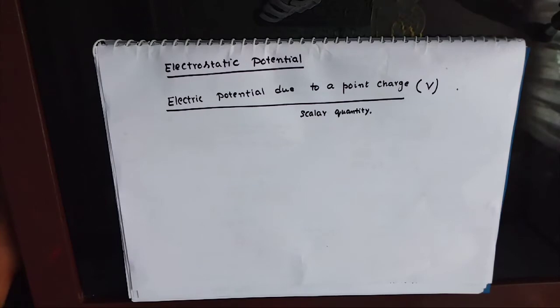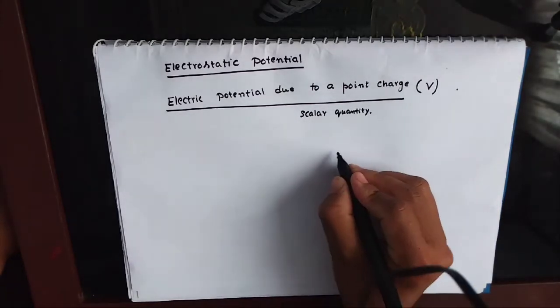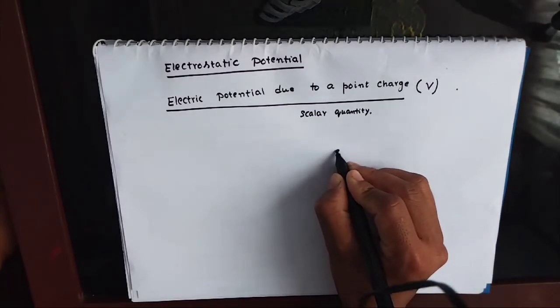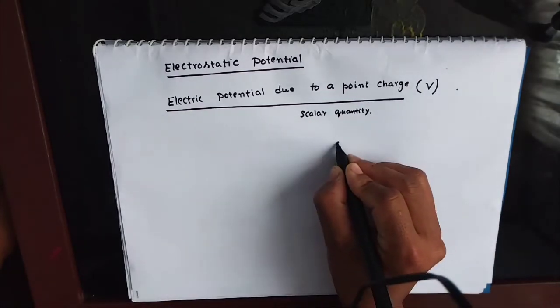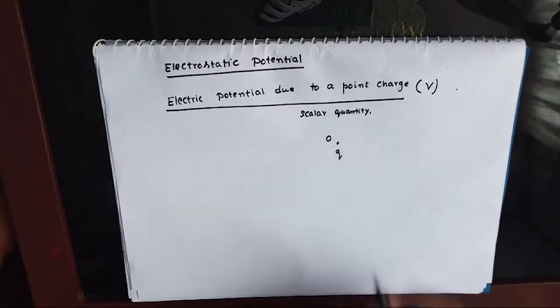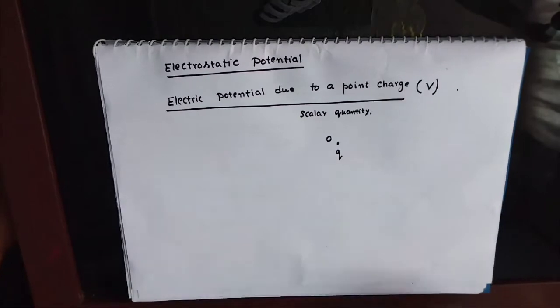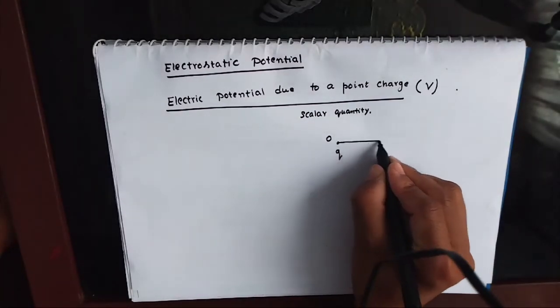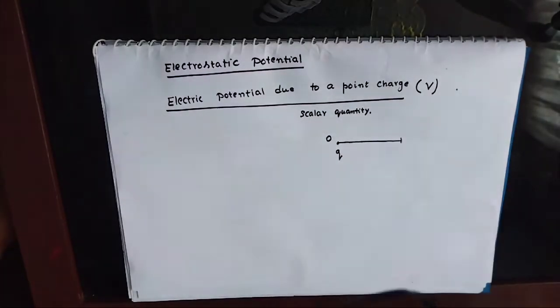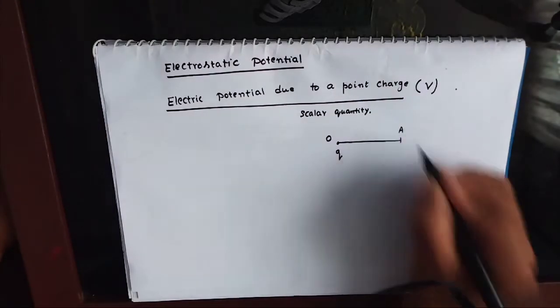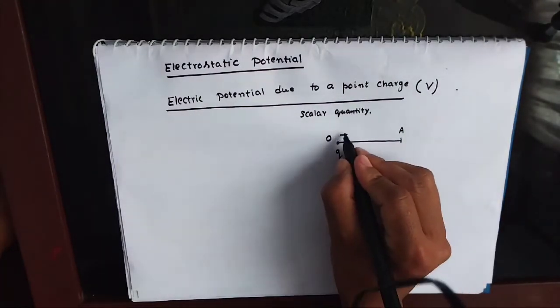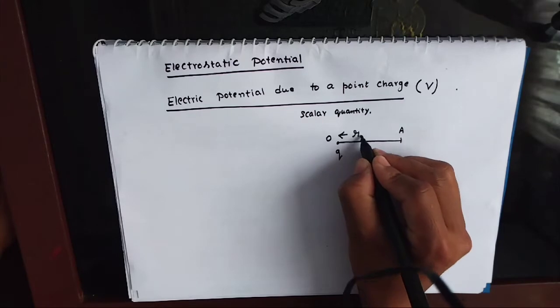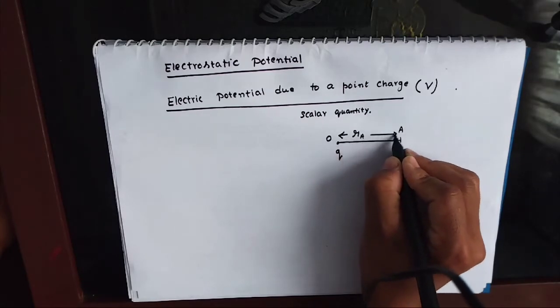So now let us consider a point charge, say Q, located somewhere at this point, say O. Now we want to find the electric potential at this point A. Say the distance of this point A from this charge is RA.